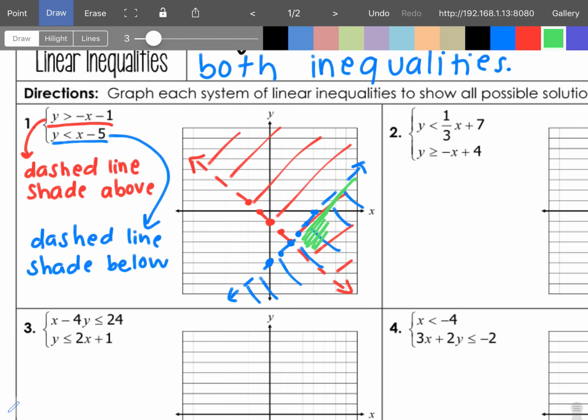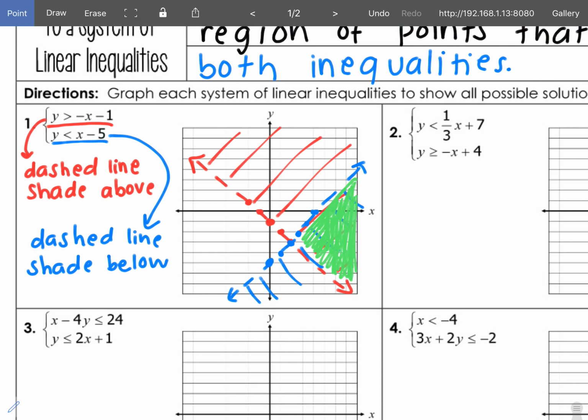So this is your answer. So now you can shade this piece darker. Wherever both of the shadings meet, that's our answer. And what does this even mean? This means if we choose any point in this region, doesn't matter what it is, and let's say we pick this point, whatever that point is, and we plugged it into the top equation and the bottom equation, it would be true for both.